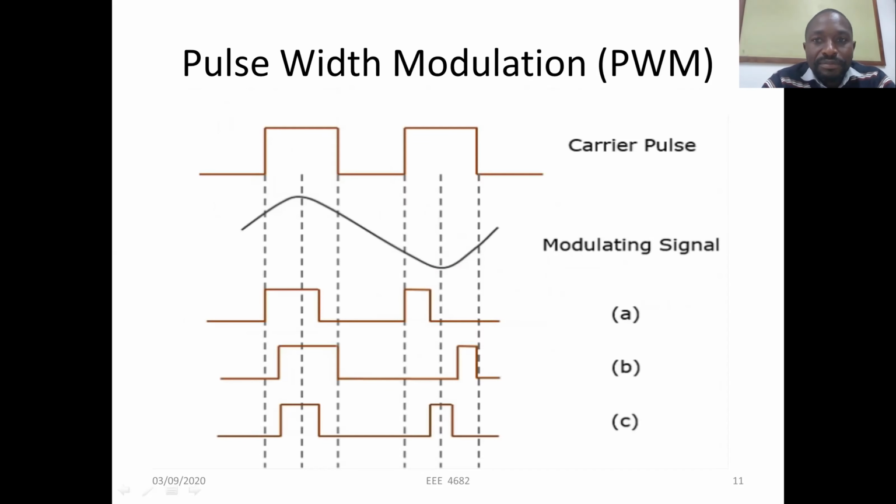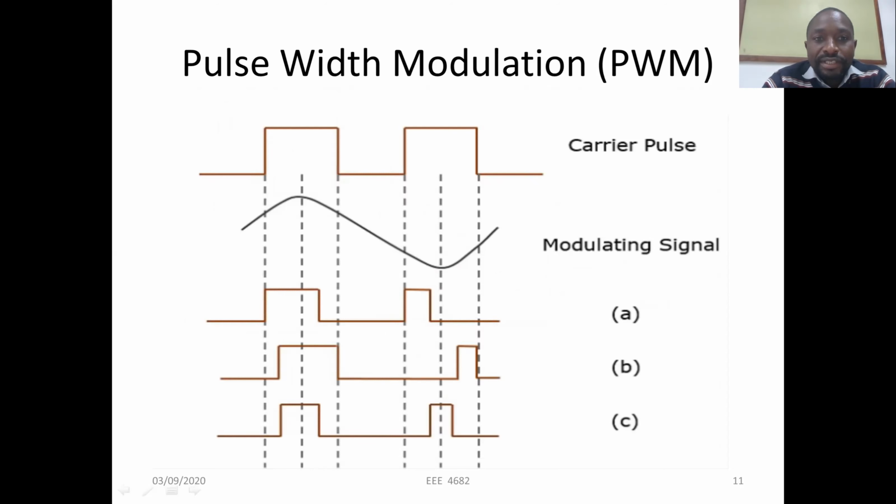In terms of the waveform, you can see here that with pulse width modulation, like I said, the amplitude is kept constant. What you are varying is the width of the carrier. And three possible outputs can be generated for a pulse width modulation.